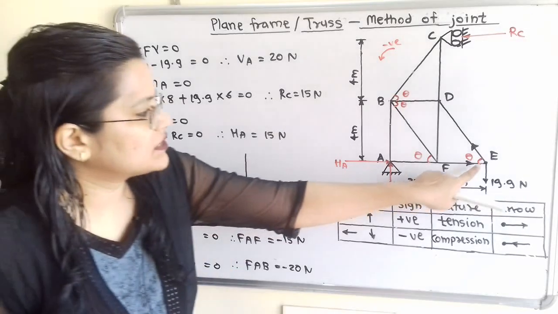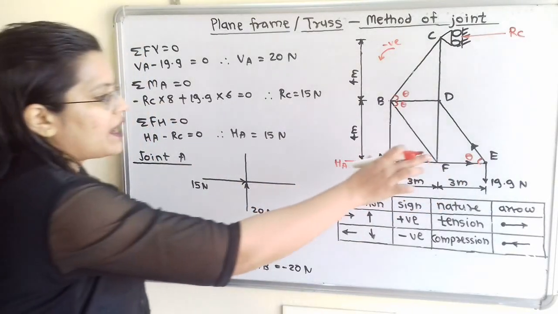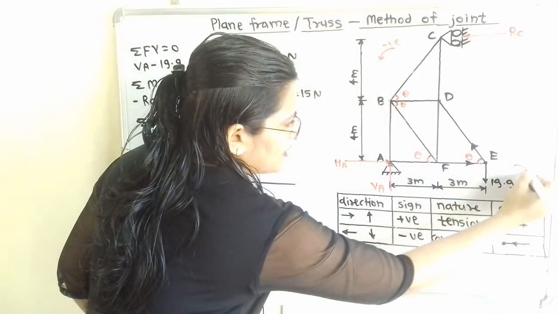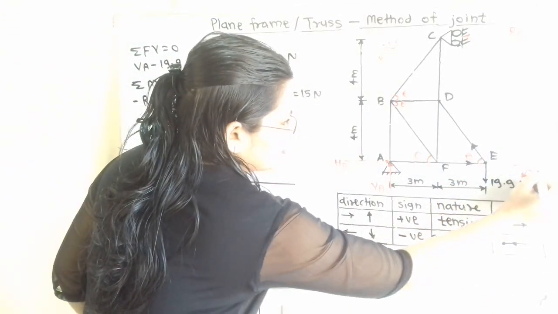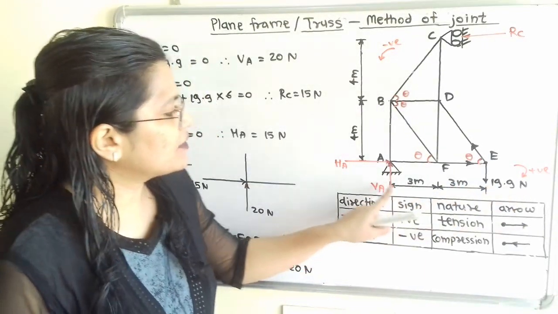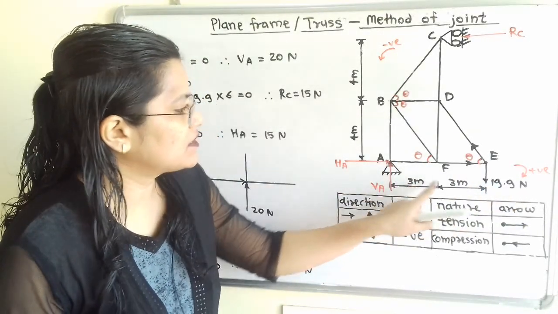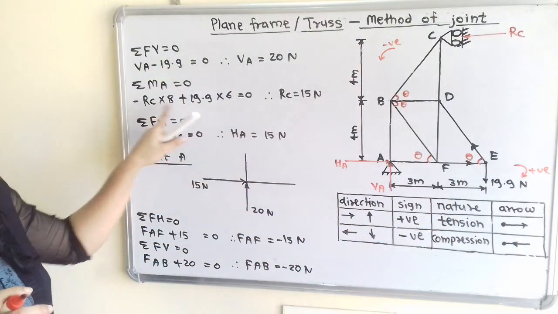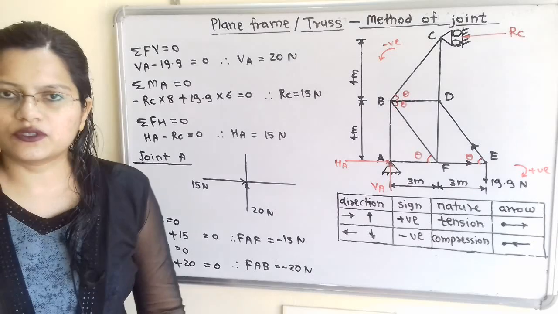Now the next force is 19.9. If I move the compass about point A in the direction of 19.9, then here is clockwise direction. So we will take positive sign. That is plus 19.9 into perpendicular distance. That is 3 plus 3, that is 6. So RC is equal to, when we solve this we will get 15 Newton.